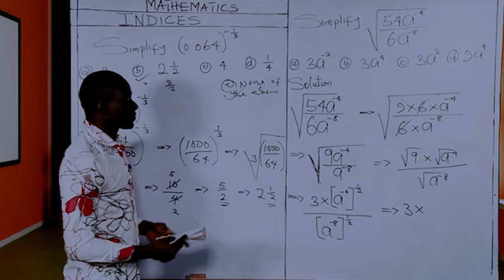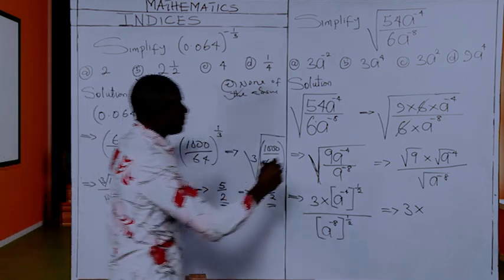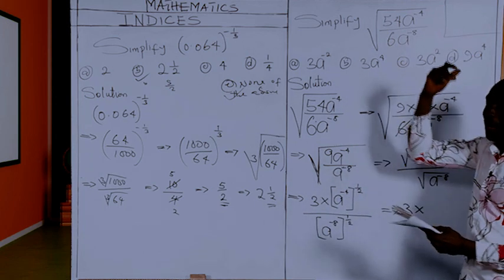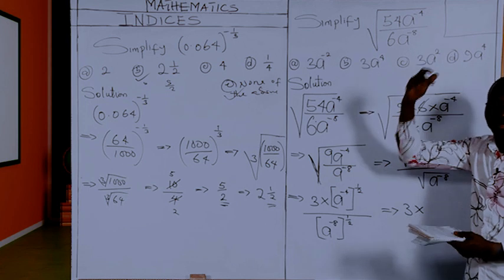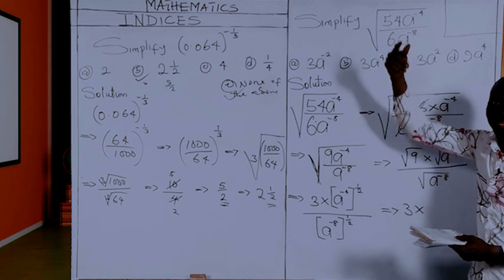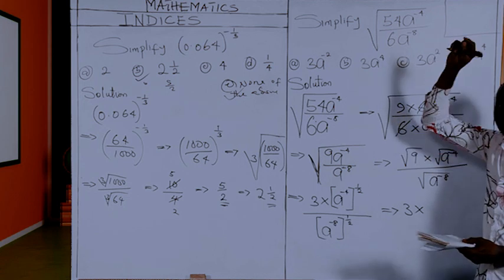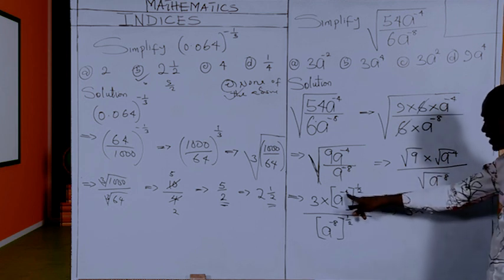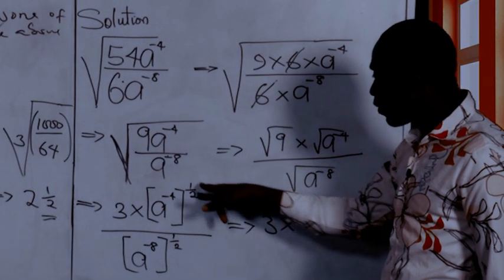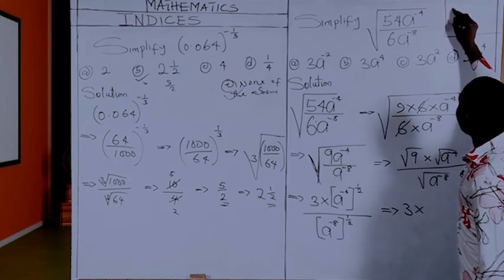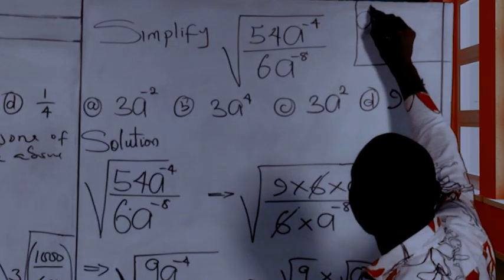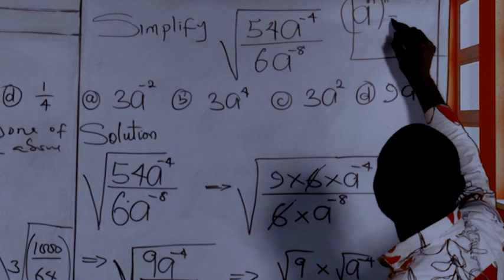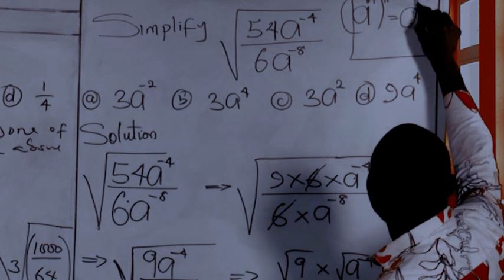In indices, when we have a base that is raised to a certain power and now raised to another power, what you are going to do is to find the product of the two powers, meaning that we are going to find the product of minus 4 and 1 over 2. a raised to power of m raised to power of n equals a raised to power of mn.